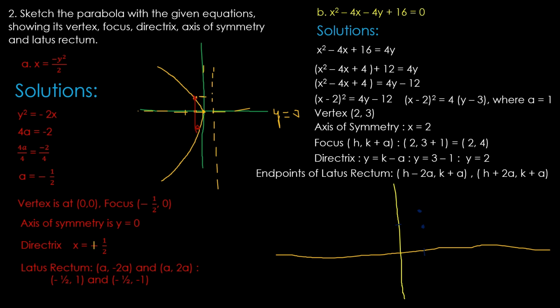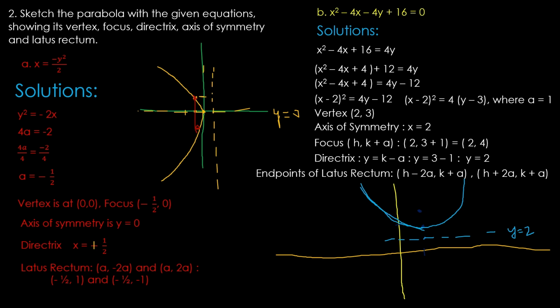The directrix is here, passing through this point where y is equal to 2. It's opening upward, and our latus rectum is this portion passing through the focus.